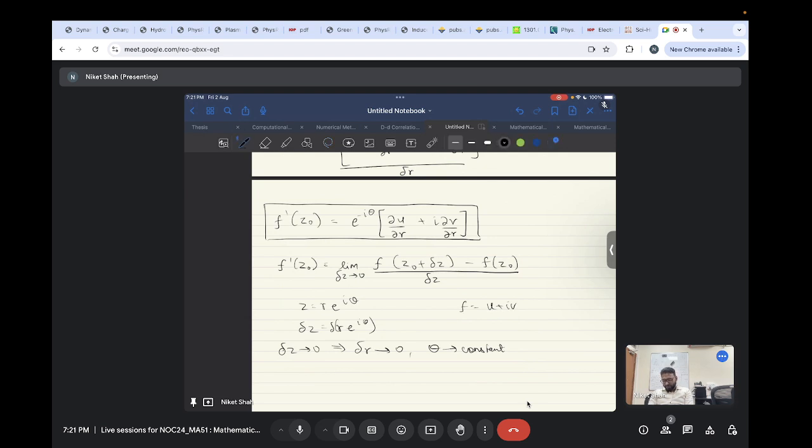Also delta z is this. But now delta z tends to 0 will imply that delta theta tends to 0 and r is constant.